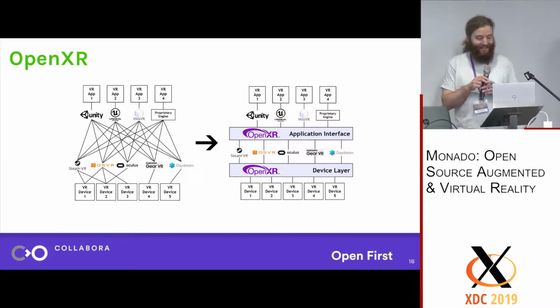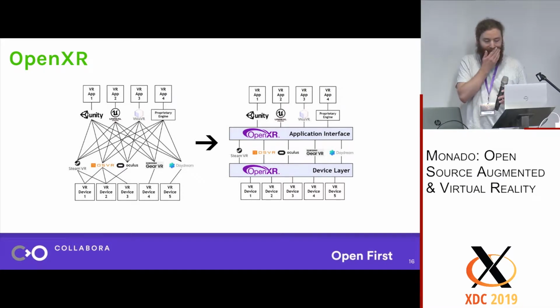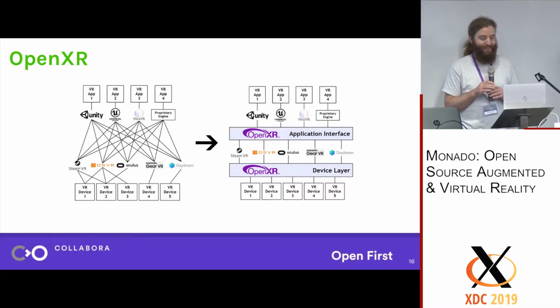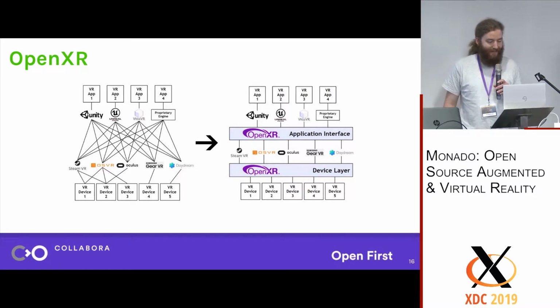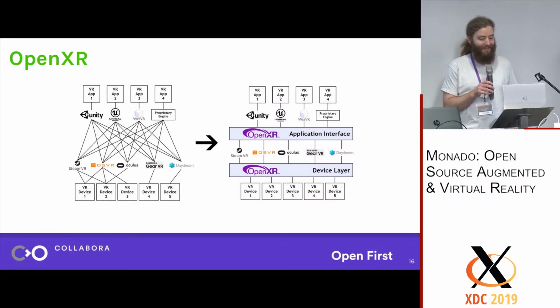Yeah, so as Joey said, on the left side, we have the situation before OpenXR. We have every engine that exists on the top, that is either an engine or a single application that directly implements VR support.